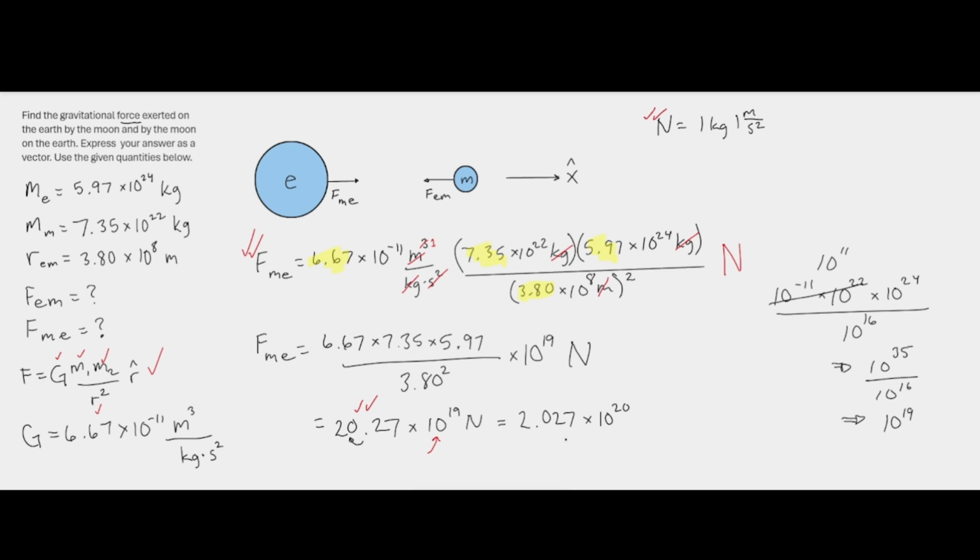So now I have 2.027 times 10 to the 20th newtons, and that is my magnitude of the force between the Earth and the Moon.